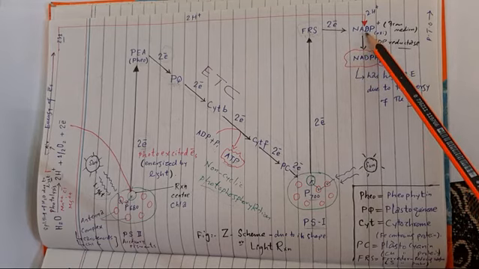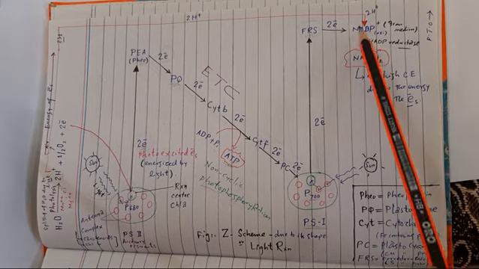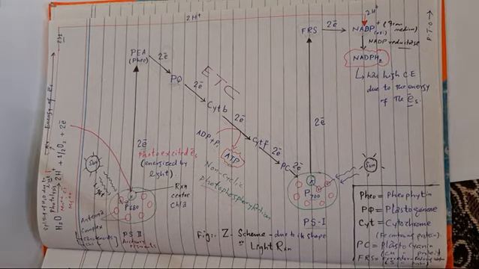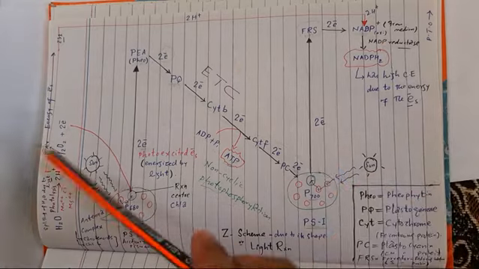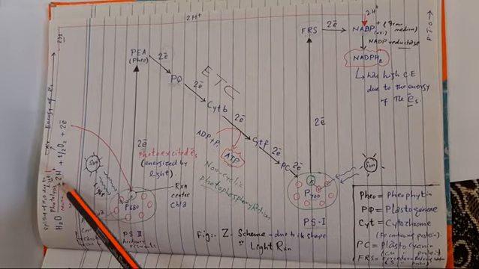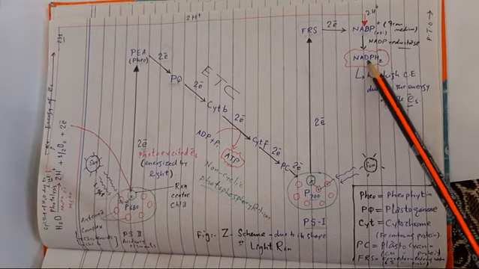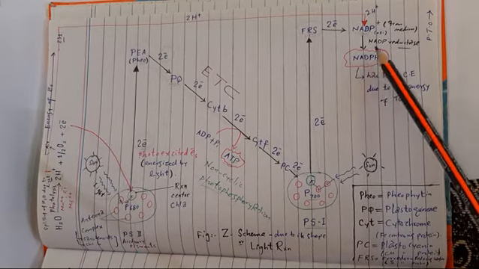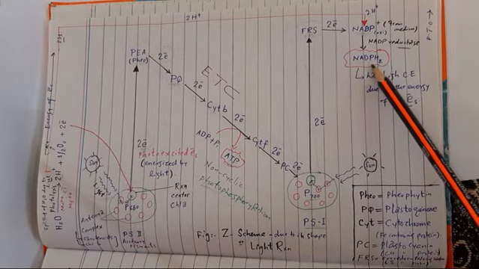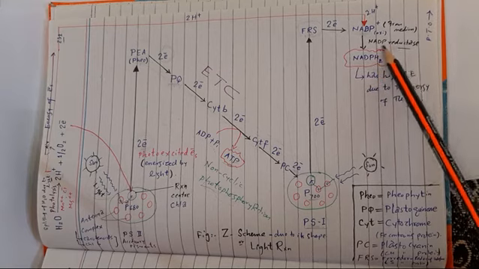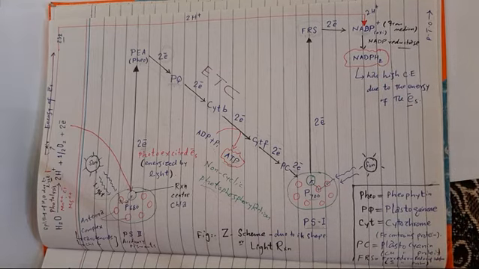The reduced NADP receives hydrogen ions from the photolysis of water, and is thus reduced into NADPH2 in the presence of the enzyme NADP reductase.